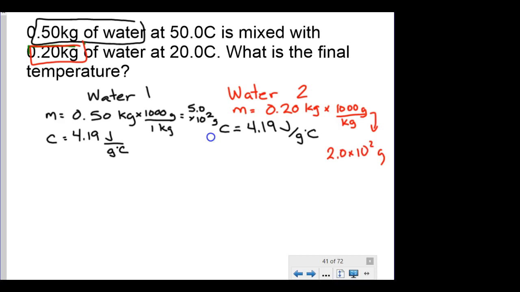Then we have temperature change. Remember that temperature change is always your final minus the initial. This started at 50.0 degrees Celsius. That is the initial temperature.